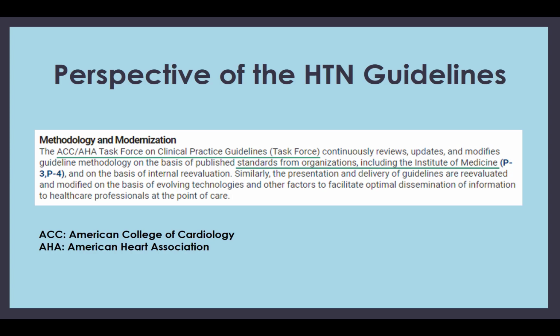And their standards are taken from organizations including the Institute of Medicine. So the American College of Cardiology is a professional society composed of cardiologists, and the American Heart Association is a nonprofit patient-oriented group. So this is a really nice example of how a professional society is teaming up with a patient-oriented group to provide a more well-rounded set of recommendations and to have that patient perspective in there.